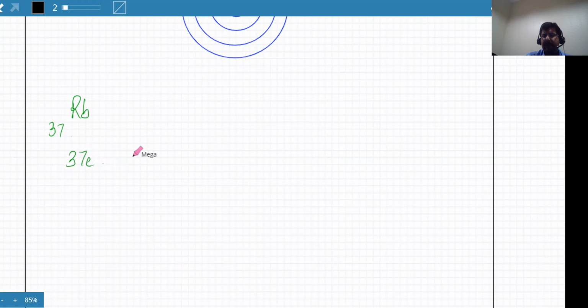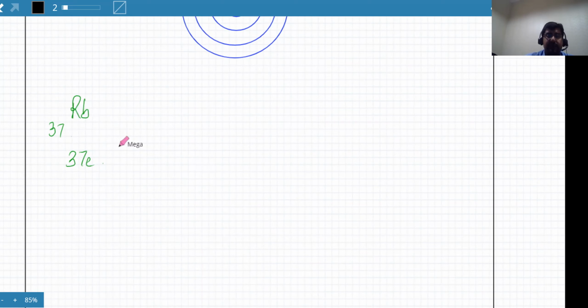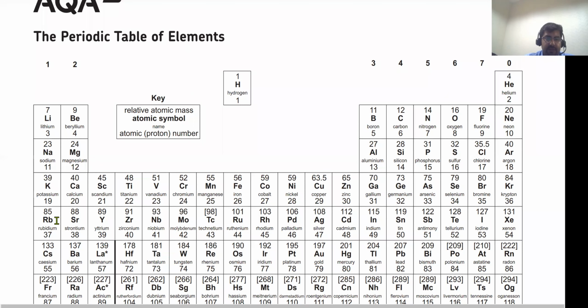Right now, I'm not concerned about the number of protons or neutrons. I'm just looking at the electronic configuration of the shells. So 37 electrons. What do I need from the periodic table? I need to know which group and which period rubidium is in. Rubidium is in group 1, so it has 1 valence electron.